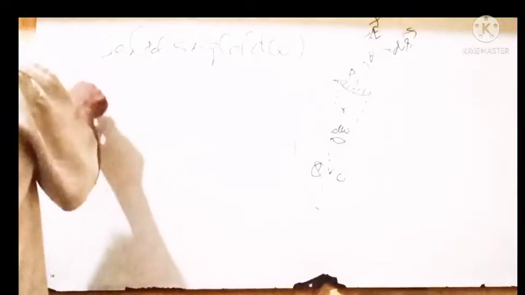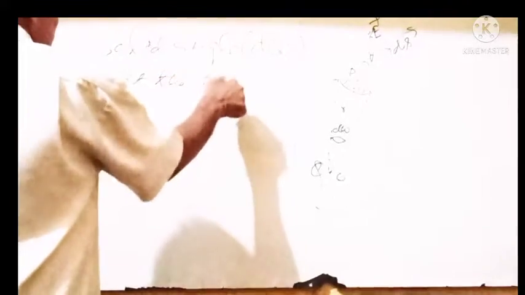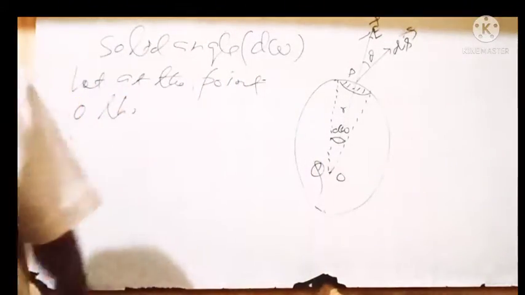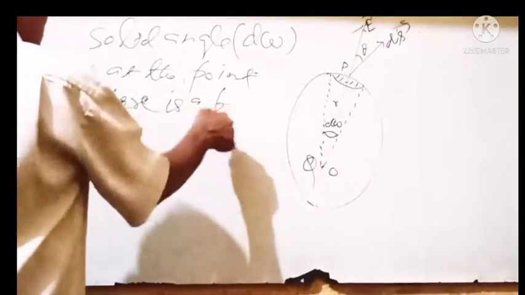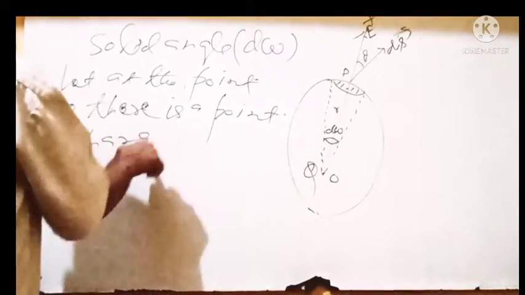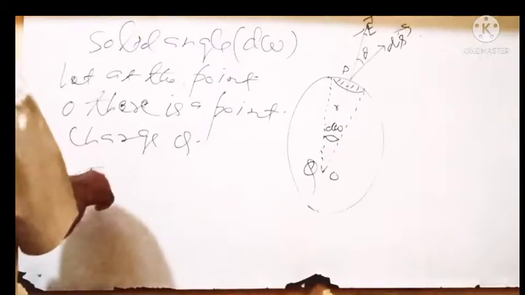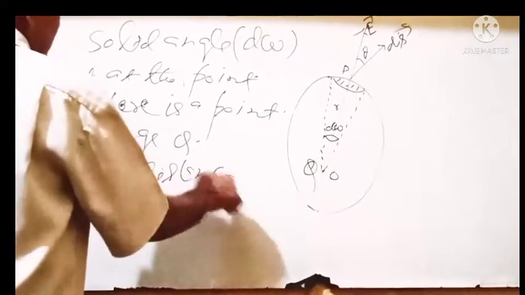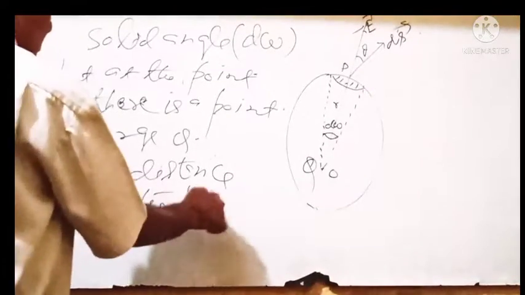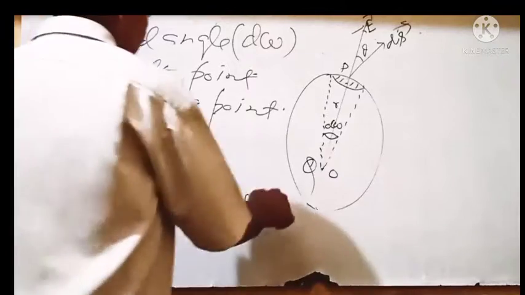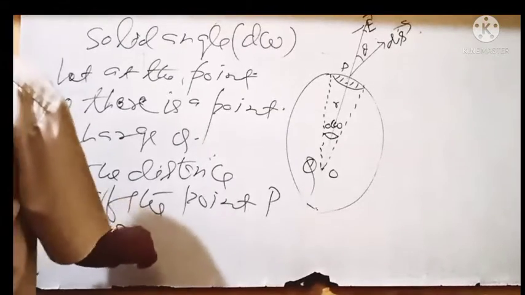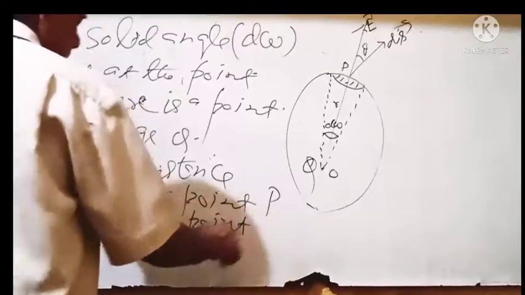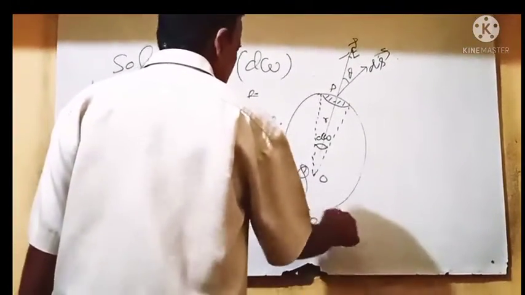Electric flux. Let at the point O, there is a point charge Q. The distance of the point P from the point charge is r.